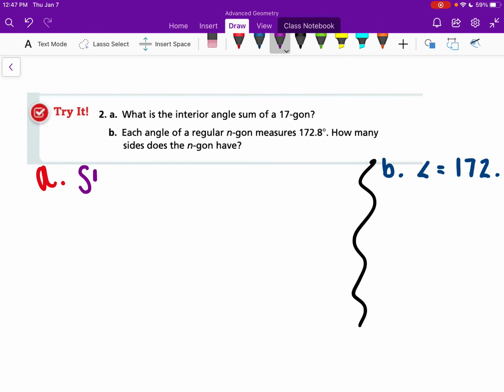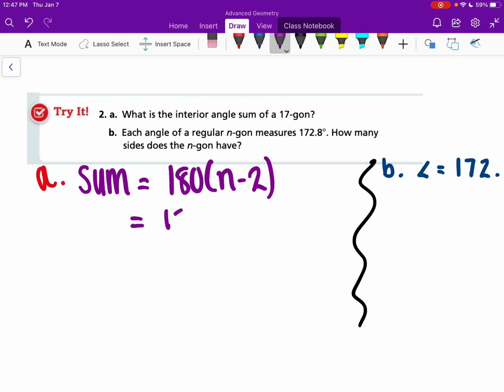So we know that the sum is equal to 180 times n minus 2, where n is the number of sides. So let's substitute that in. It was 17, and if you do that math, 17 minus 2 is 15. Multiply that by 180, and the sum of the interior angles is 2,700.